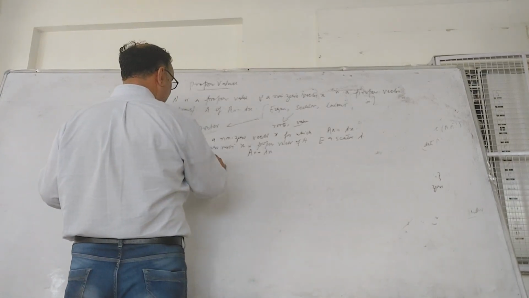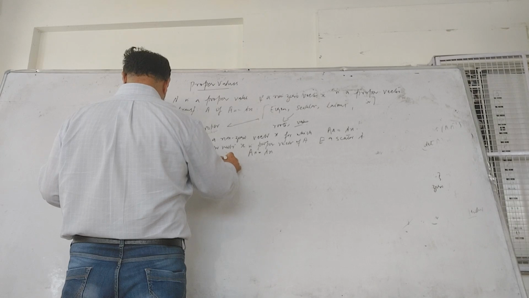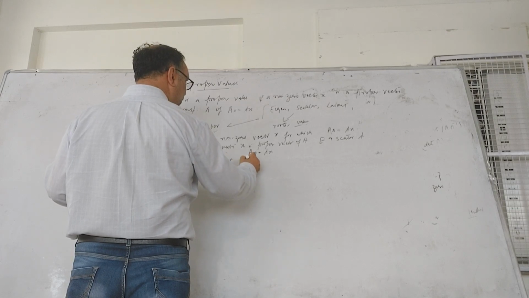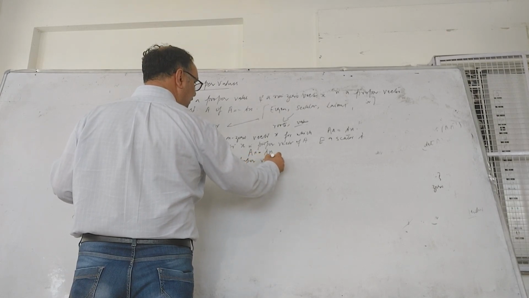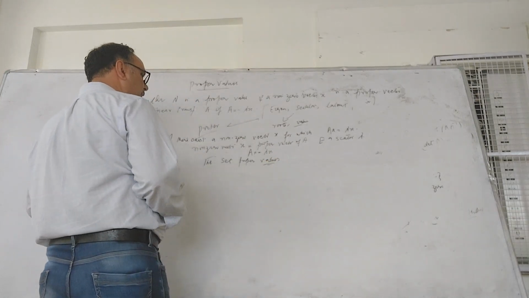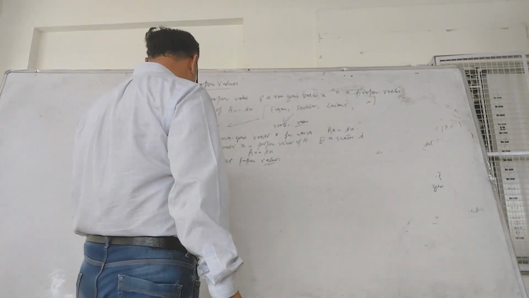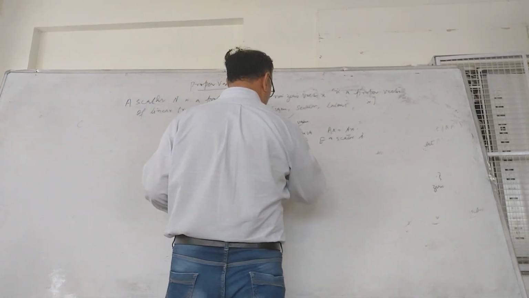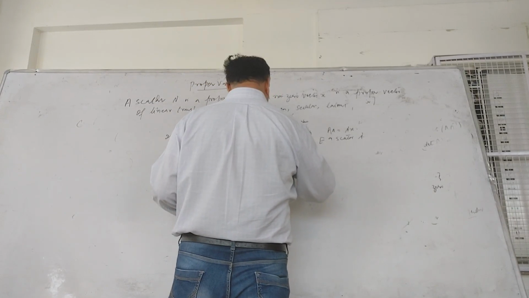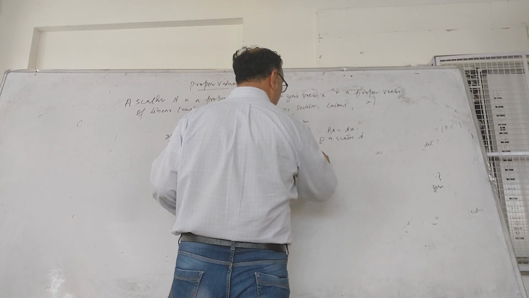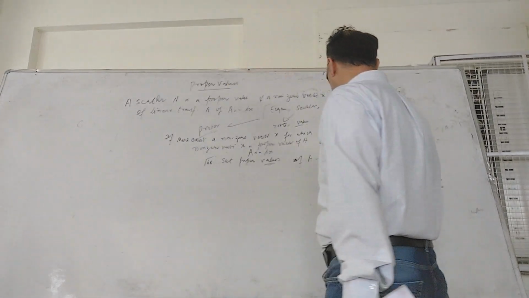Sometimes the set of proper values lambda of A is called the spectrum of A.